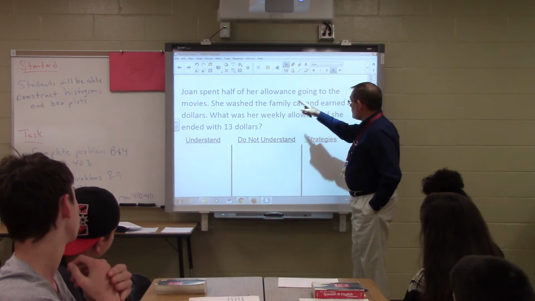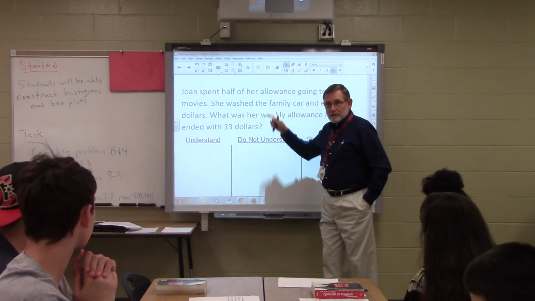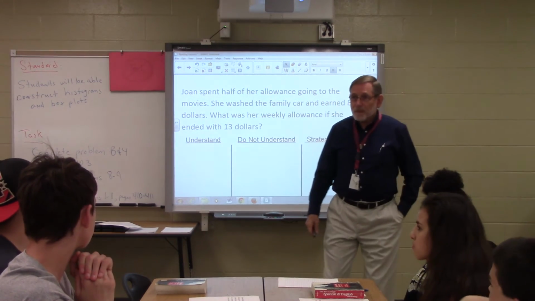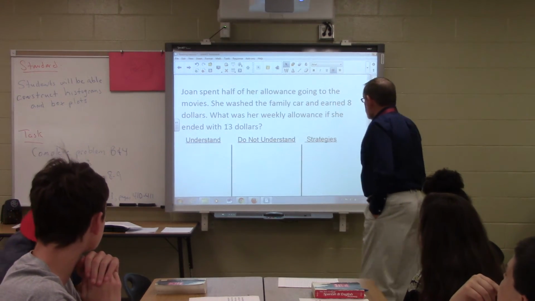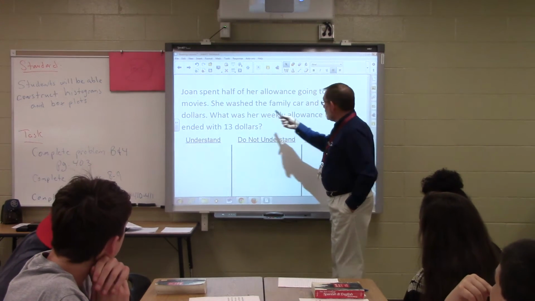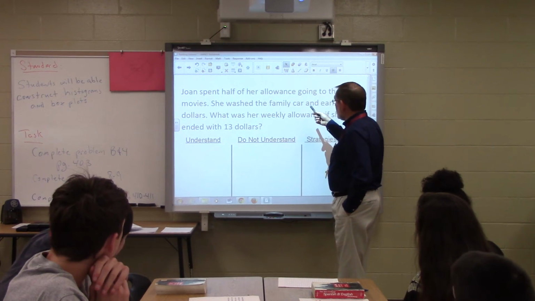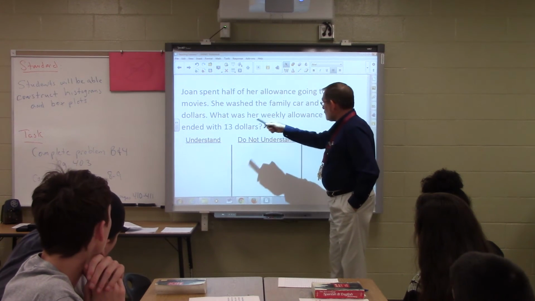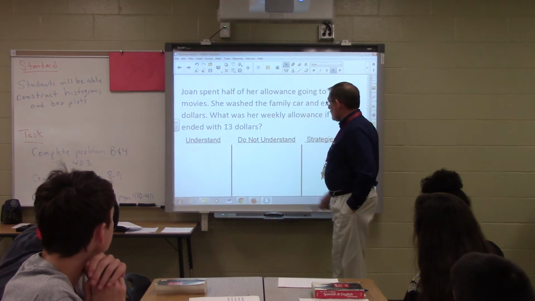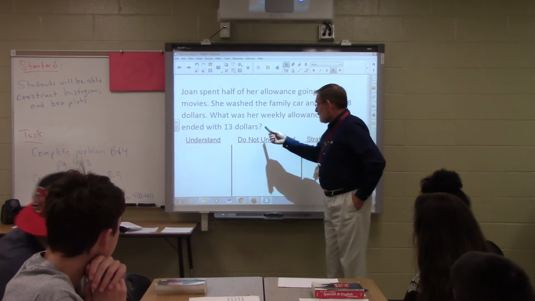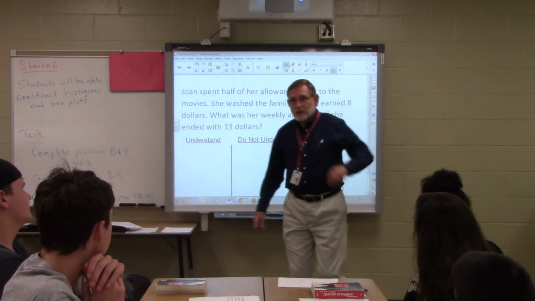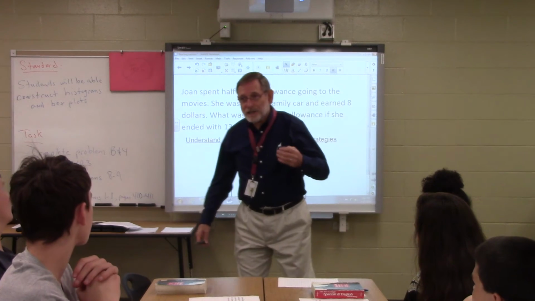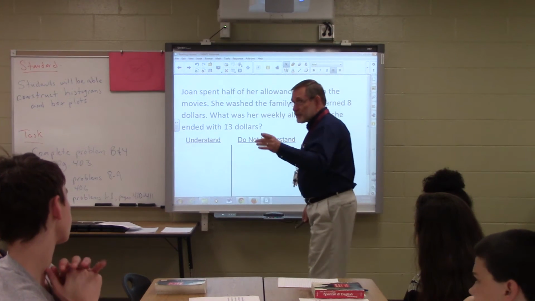She spent half of her allowance going to the movies. Then she washed the family car and got $8. And then she ended up with $13. So you have to go back and find out what it was. So you're telling me what we don't know.